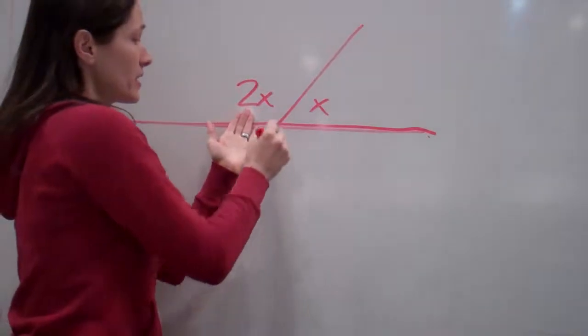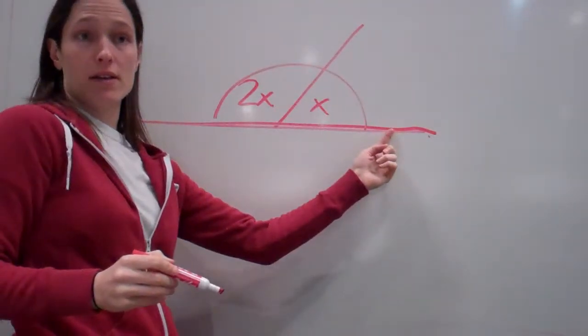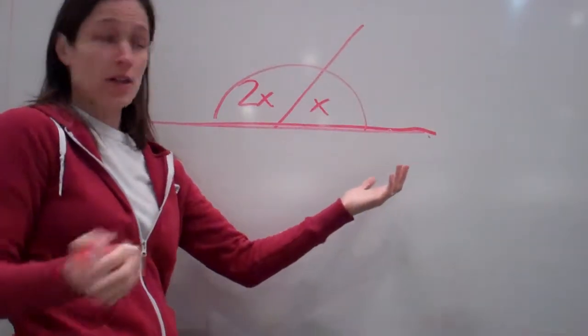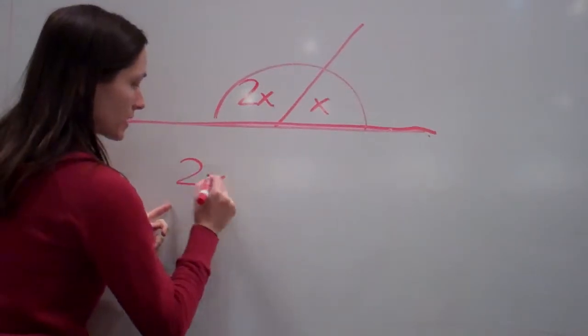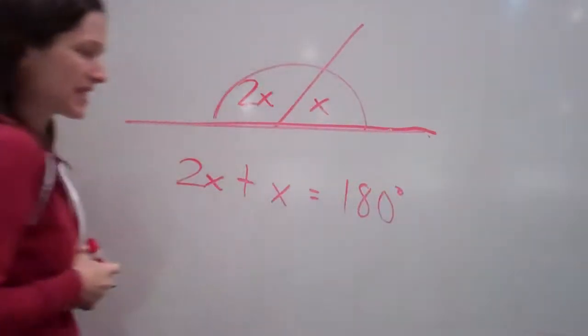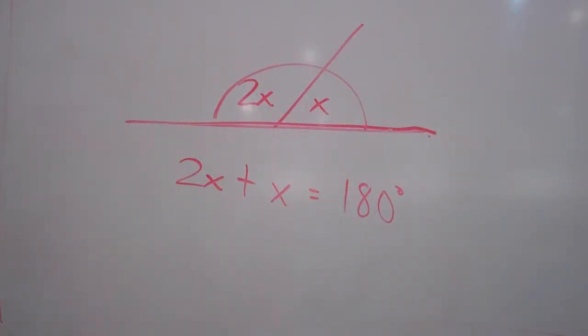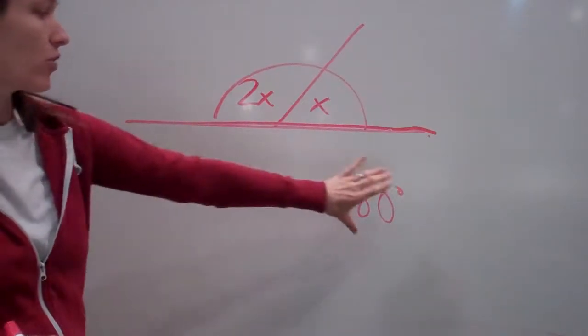So this plus this equals 180. Is that fair to say? This angle plus this angle equals 180, so I'm going to write 2x plus x equals 180. Does everybody see how I came up with that equation?